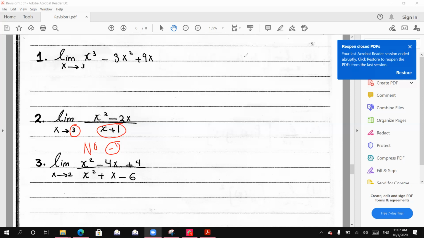I can say now it is 3 squared minus 2 times 3 over 3 plus 1, and you will find the answer.